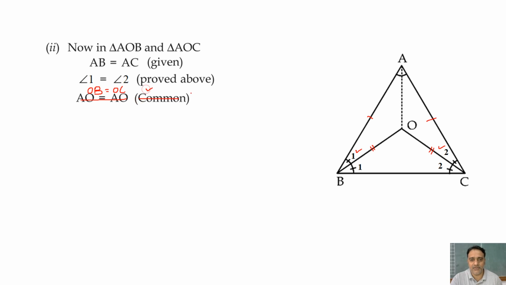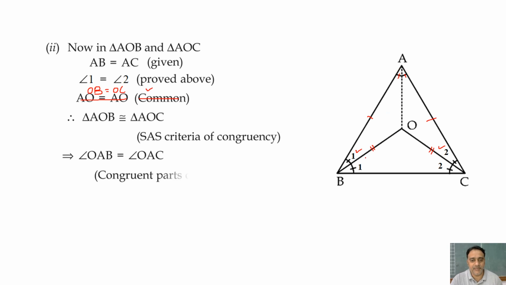Here also you have to write proved above. So therefore these two triangles are congruent by SAS congruence rule. Any doubt? No, sir. So these two angles are equal by CPCT. So this will imply OA is the bisector of angle A. Any doubt? No, sir.